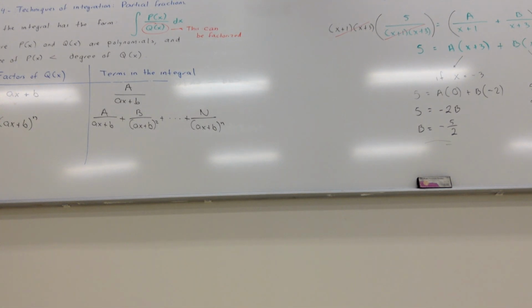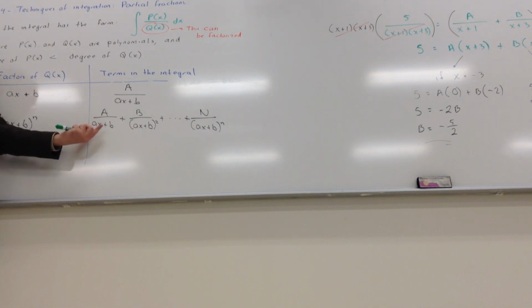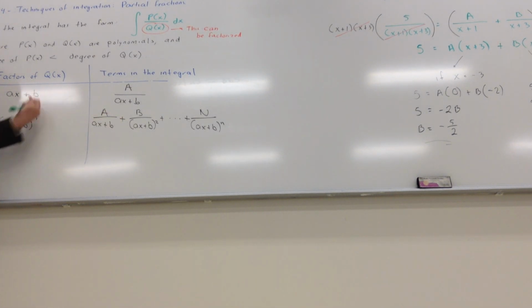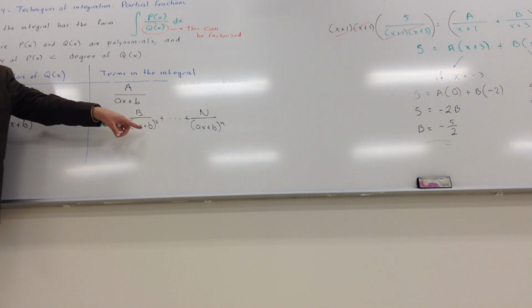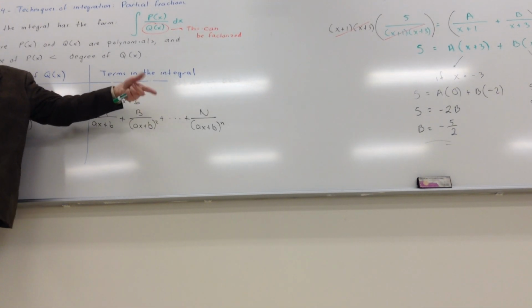What do I mean by this? If you have a linear factor raised to a power, you're going to put terms for every single power, ax plus b to the square, all the way to n. If it was, for example, ax plus b to the cube, it would be a over ax plus b, plus b over ax plus b to the square, plus c over ax plus b to the cube.